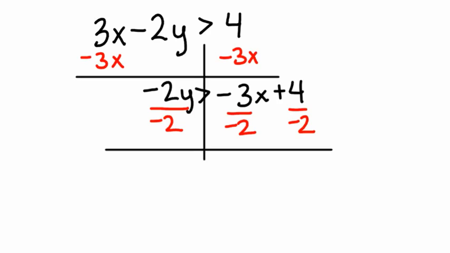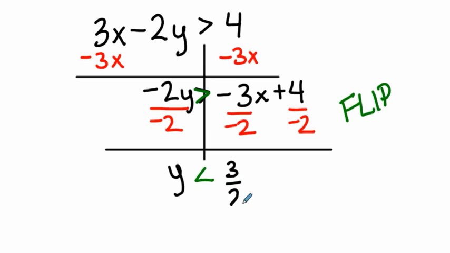And what happens when we divide an inequality by a negative number? We have to remember to flip our inequality symbol. This will leave us with y is less than 3 over 2x minus 2.